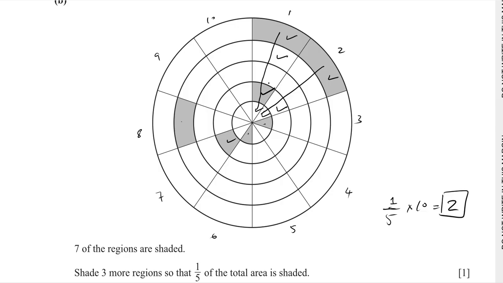Yes, it's here. And then all we have to do is reshade the rest of these 3 parts of these 2 regions, and that's going to be our answer. So let's shade these 3 to completely make it a 1/5 of 10.